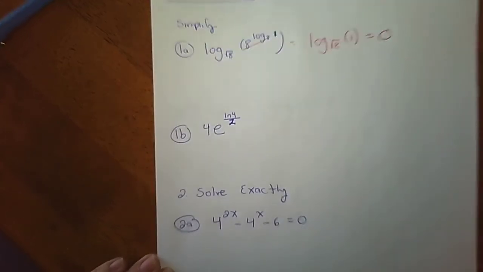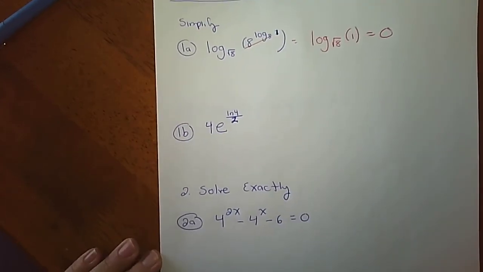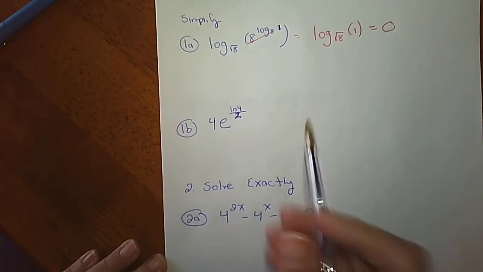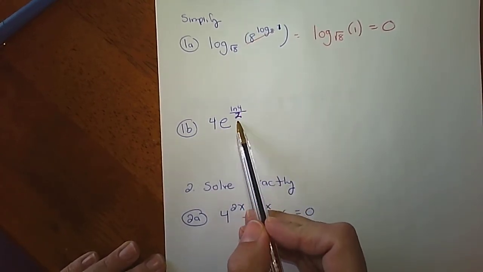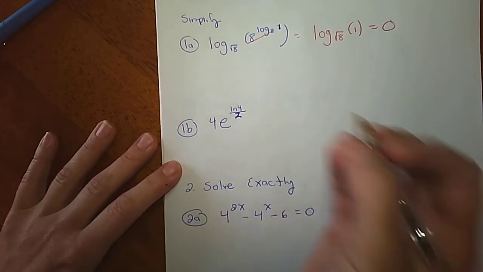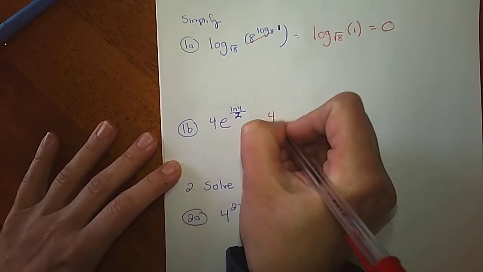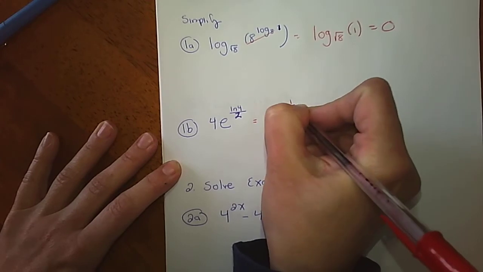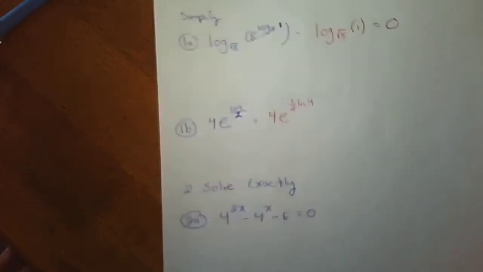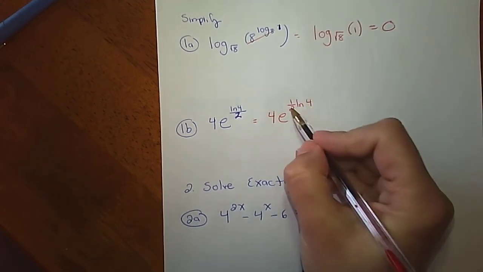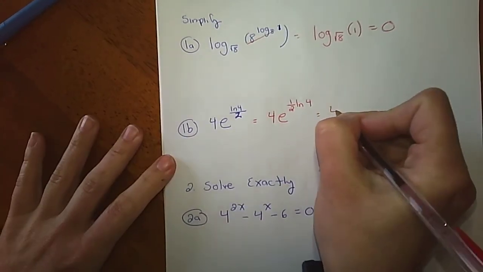Okay, let's look at the next one. This one was 4e raised to the natural log of 4 over 2. So when I looked at this, what I see is 4e. That's the same thing as saying 1/2 natural log of 4. And then this exponent wants to come up.